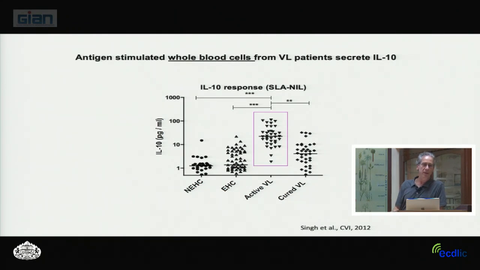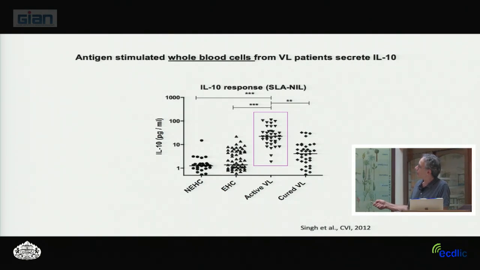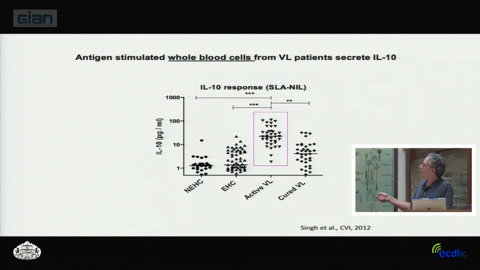So their ability to secrete interferon gamma was not diagnostic of active disease, but IL-10 secretion was. So antigen-specific IL-10 responses were not seen in these endemic normals, or when these patients are cured, their ability to produce IL-10 in response to antigen goes down.